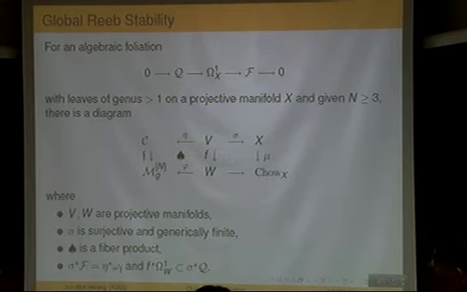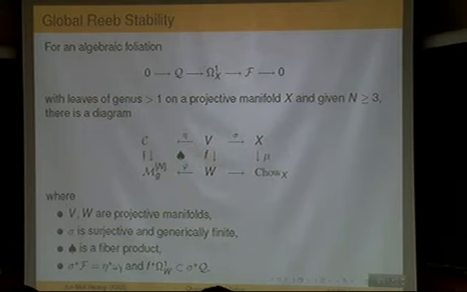So locally, as we saw before, after an étale cover, it becomes a smooth fibration. Globally, it becomes a smooth fibration after some branched cover. So it's a slightly technical situation. But this is all we can say in general about the structure of algebraic foliation by curves of genus bigger than 1. But this is a quite general statement.